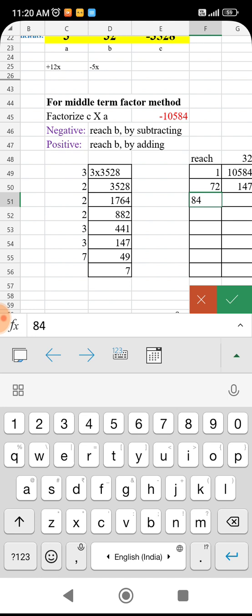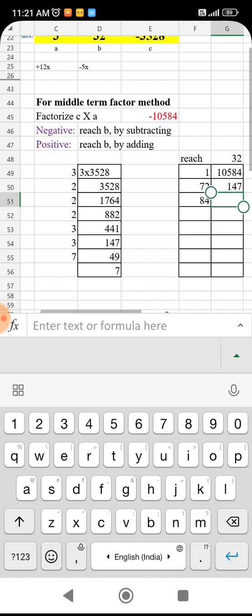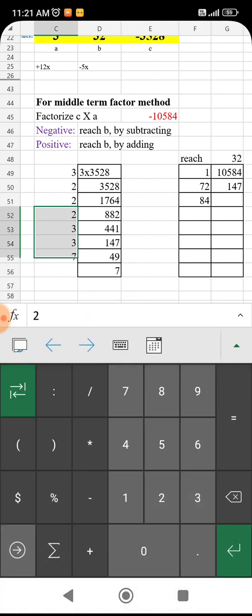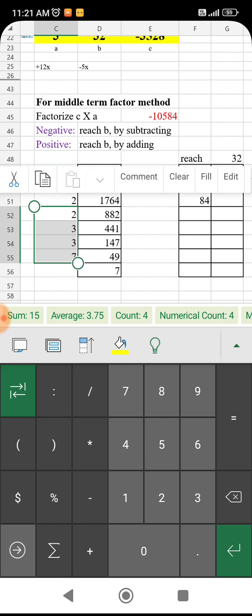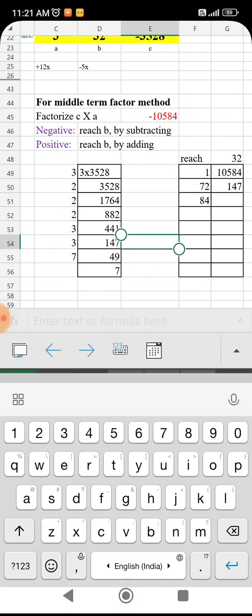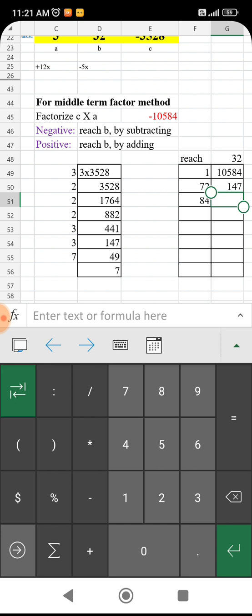Which are remaining? Remaining is this part. 3 threes are 9, 7 nines are 63. 63 into 2 is 126.